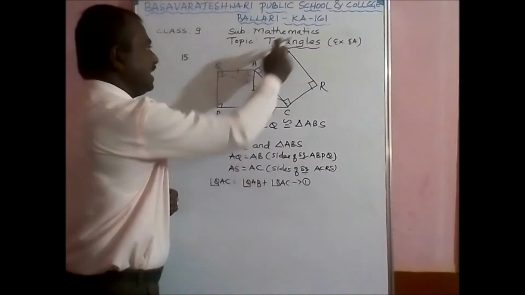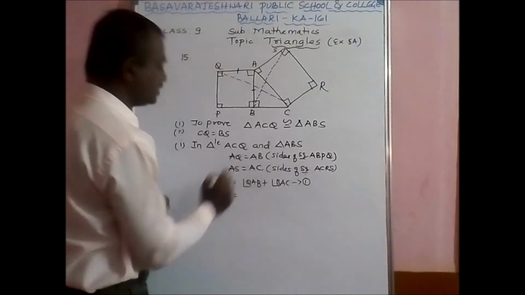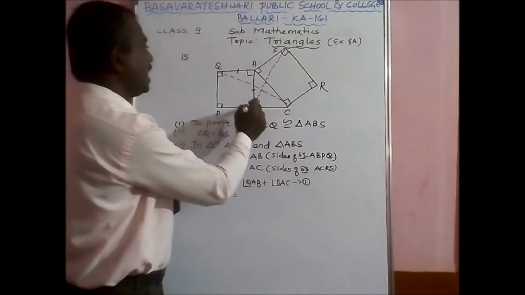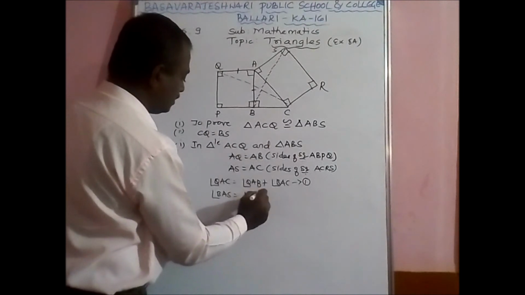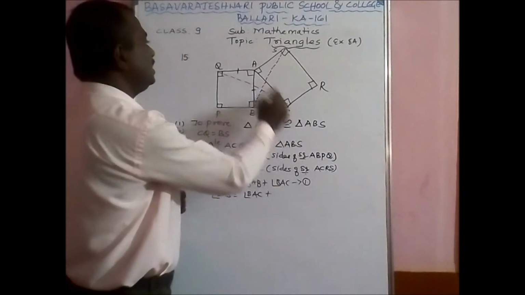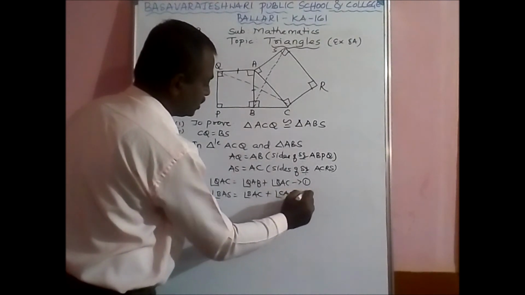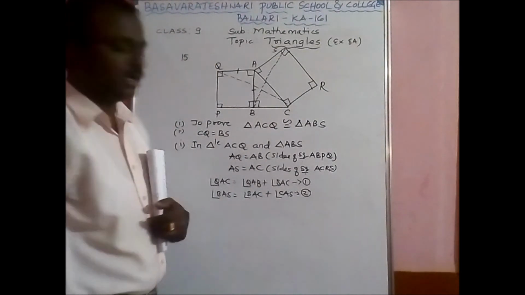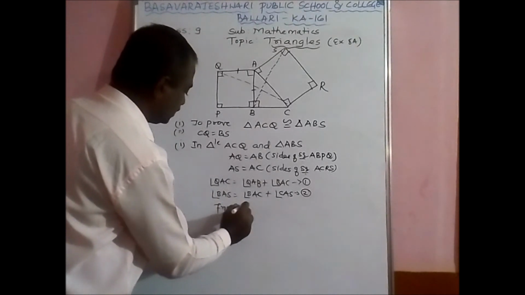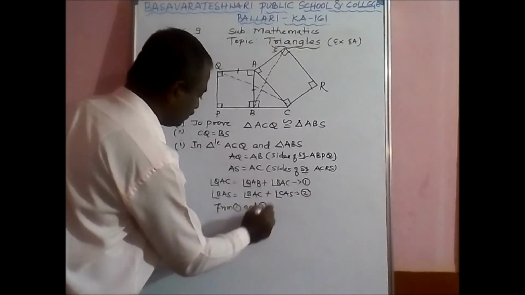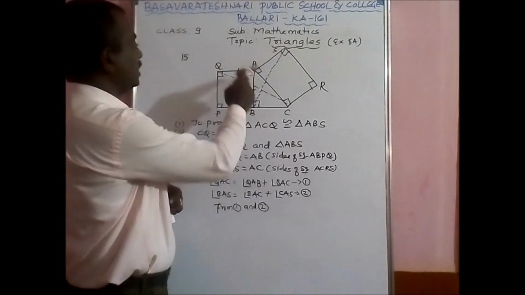Similarly, angle BAS includes two angles: angle BAC, one angle, plus angle CAS, another angle. Equation number 2. From equation 1 and equation 2, what can we say? The RHS are equal. Why? Observe here.